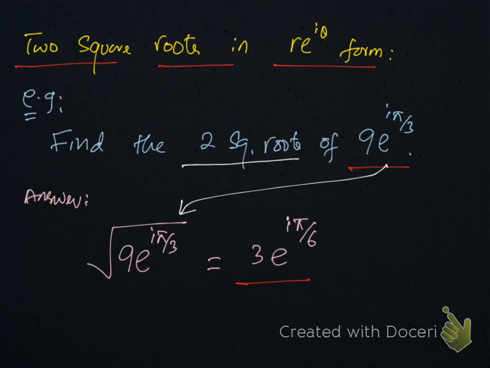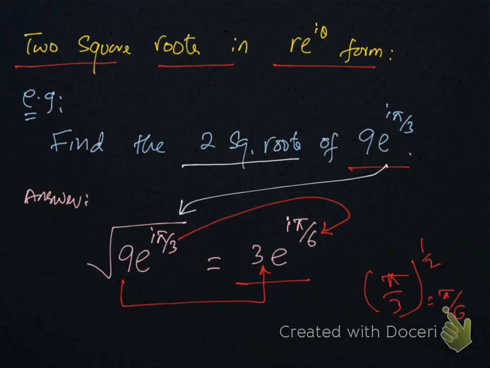The root of 9 is 3, you all know. And for pi by 3 on the root, that means pi by 3 times 1 upon 2, you just need to write the half of this. The half of pi by 3 is pi by 6. That is why we have got pi by 6 here.